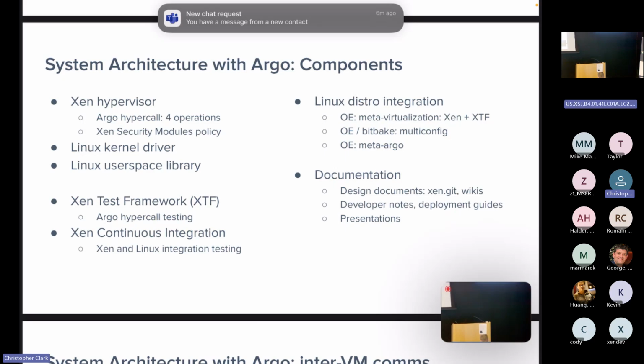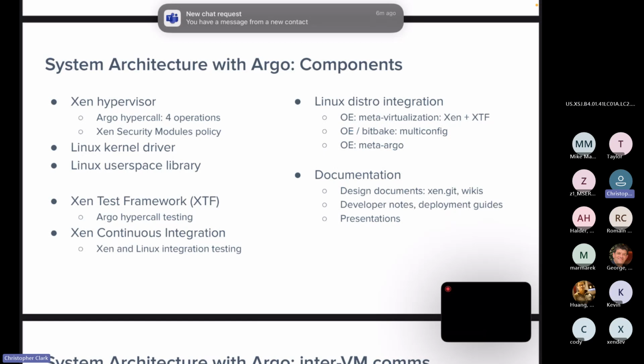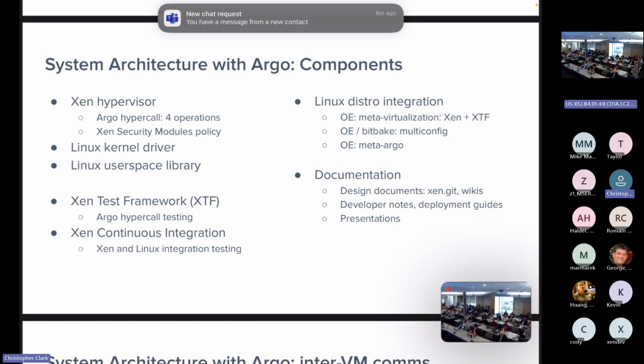Then there's Linux distro integration. Both Xen and the Xen test framework have integration logic inside the Open Embedded meta-virtualization layer, and that's cross architecture. Sorry, both x86 and ARM are integrated for Xen.